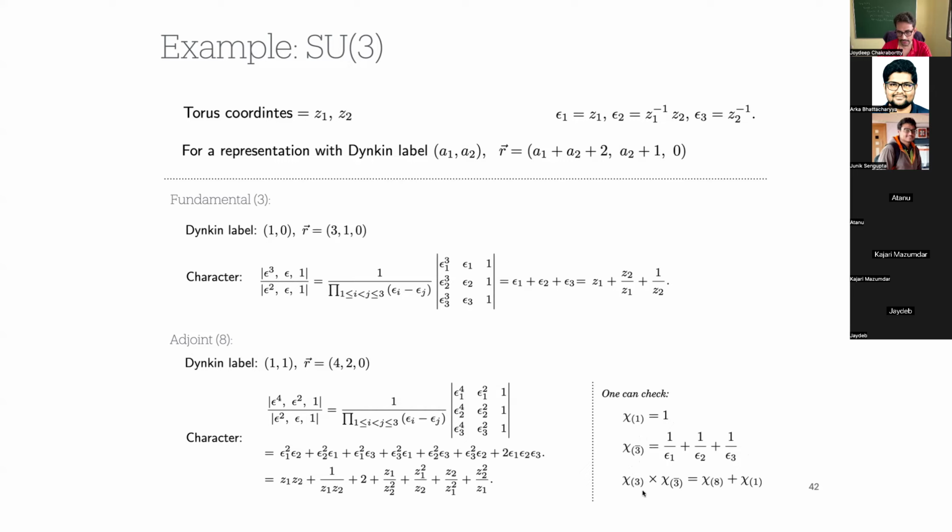So you can really check that chi3 times chi3 bar is basically this quantity plus 1. That's a nice way to convince yourself that whatever you know about the representations, you can play the same game with the character functions as well. Okay. So any question up to this part?